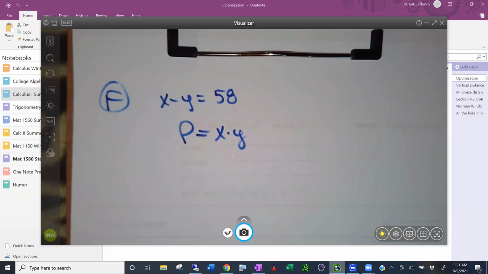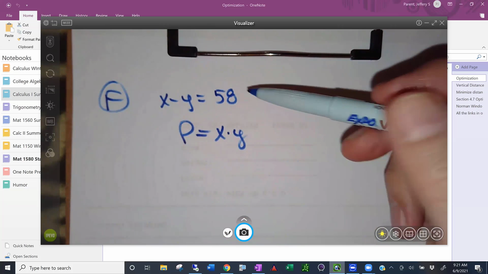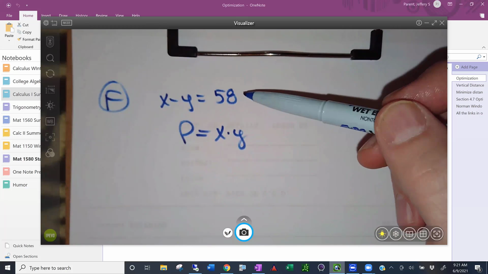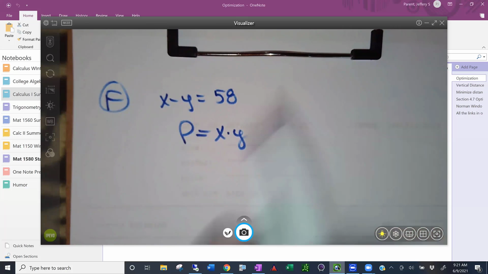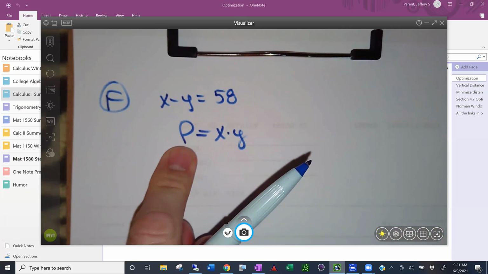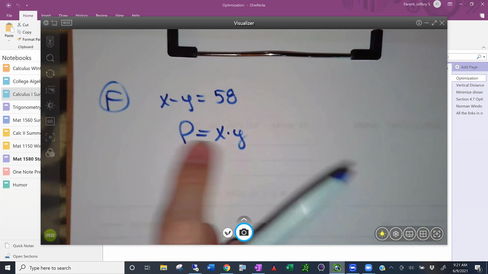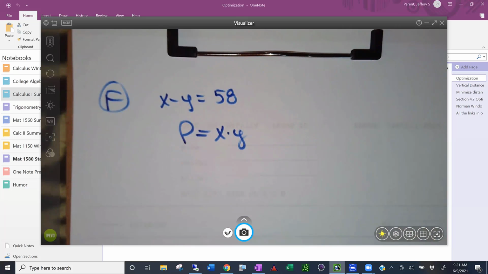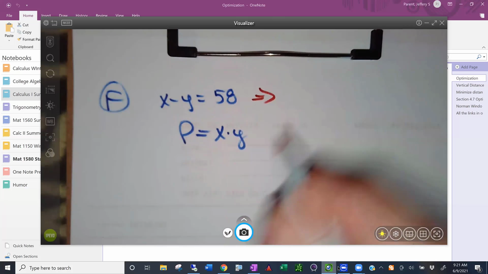Now earlier I was mentioning that in step F, we want to find a function, but we want to find it of one variable. We want this product to be a minimum, but right now it's got two variables in it. So what can we do to get rid of one of the variables here? Well, we could rewrite this.